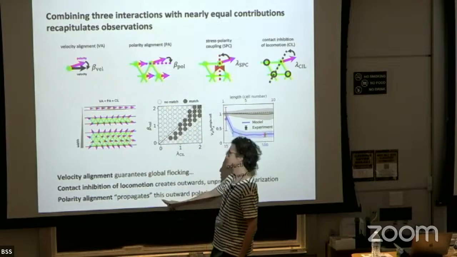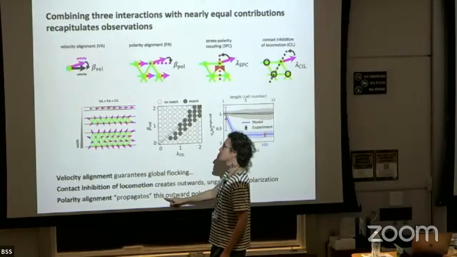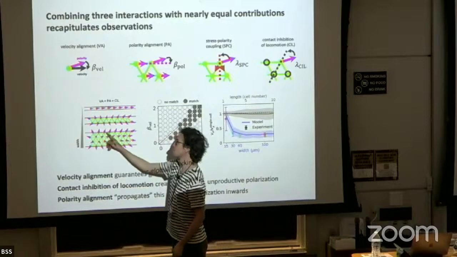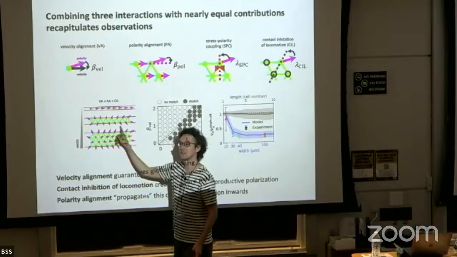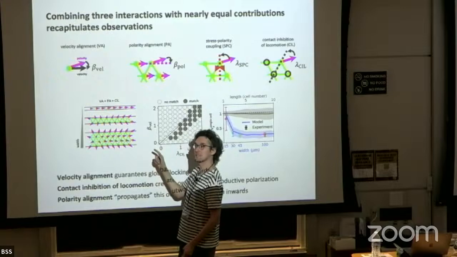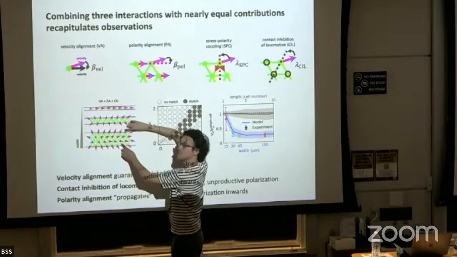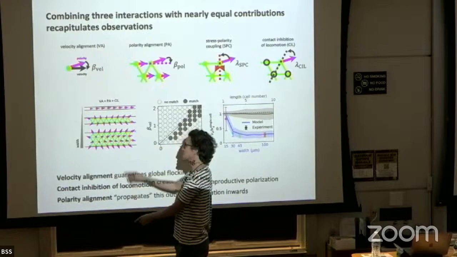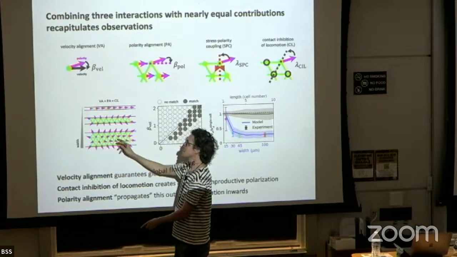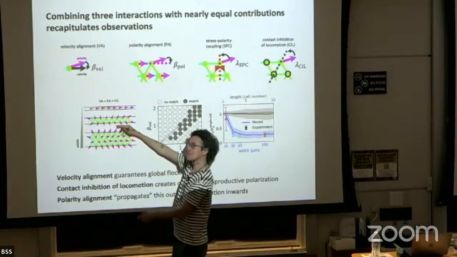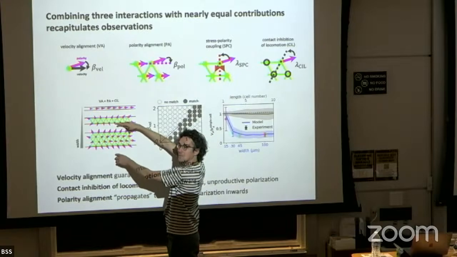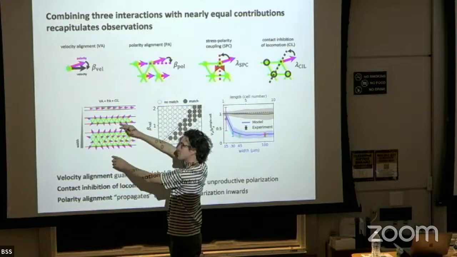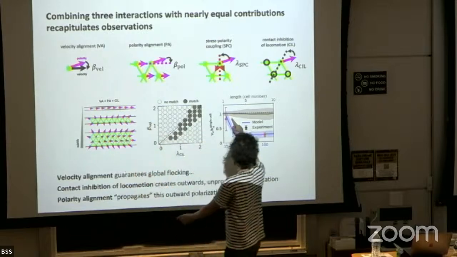And why do you need polarity alignment? The reason is that contact inhibition of locomotion only works for this outward layer. If you don't have polarity alignment, only this layer would be outwards, and this one wouldn't know about it. What polarity alignment does is propagate the mispolarity here, which means the whole thing is gradual.